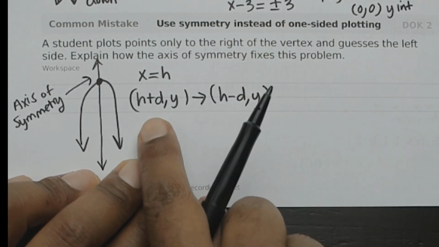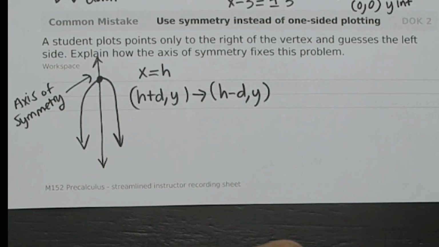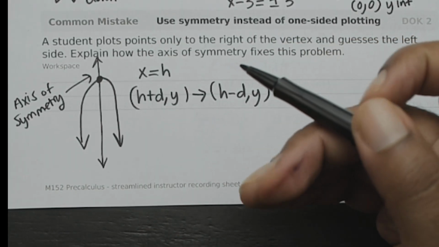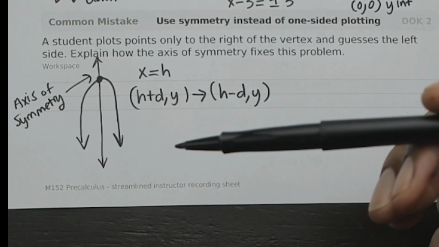So if you add or subtract, you're going to find the location of that point on either side. So we don't have to guess. We can use symmetry to reflect the point across the axis, and that gives us a more accurate graph.